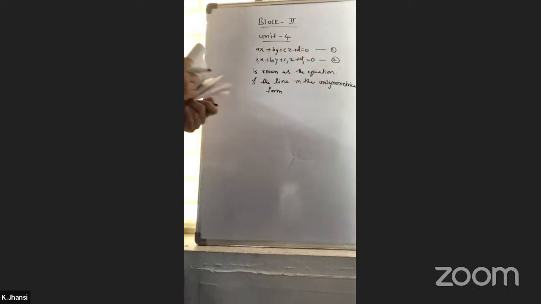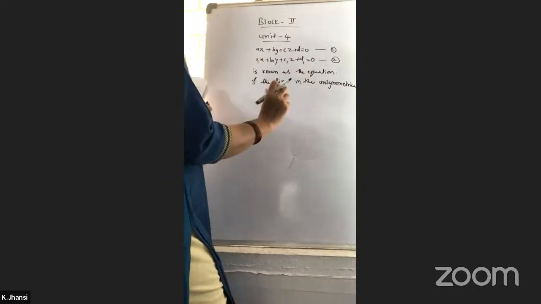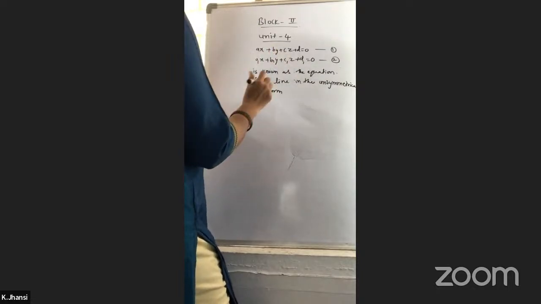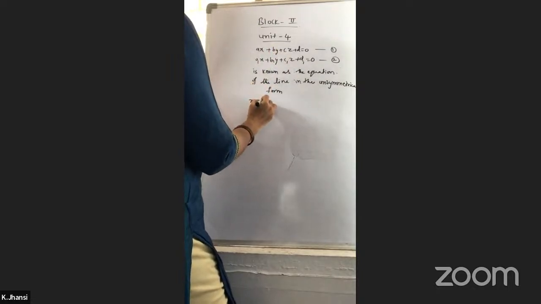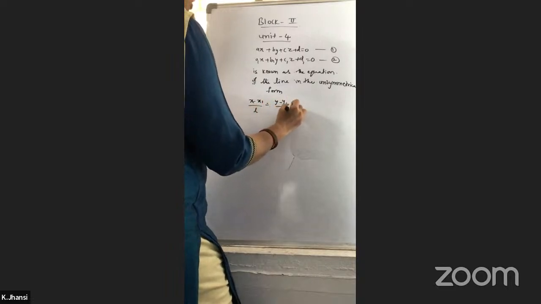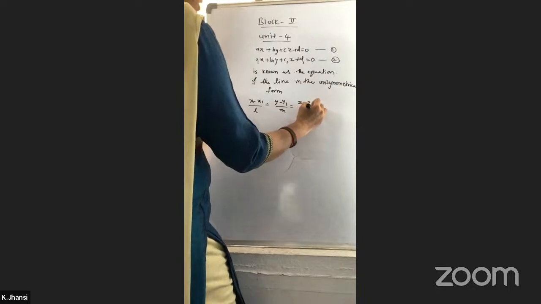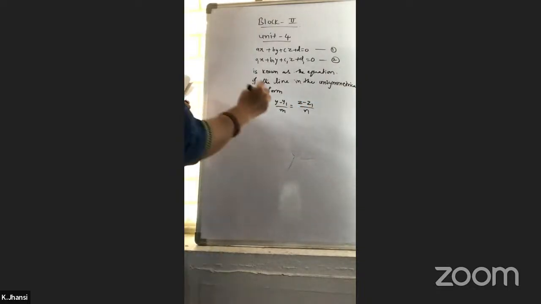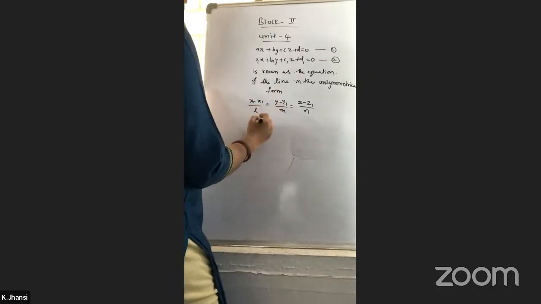From these two equations, if you convert them into one form, that is called the symmetrical form. From these two plane equations, we get x minus x1 by L equals y minus y1 by M equals z minus z1 by N. This is called the symmetrical form of the equation of the line.